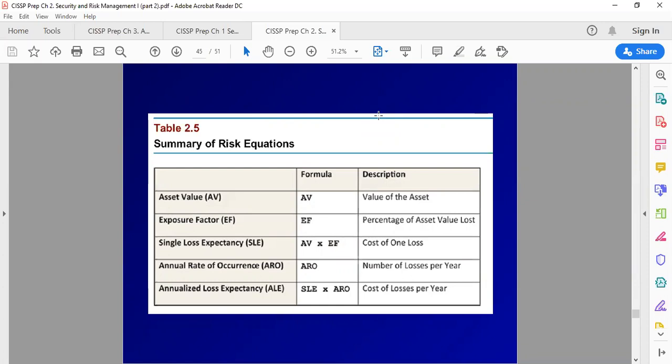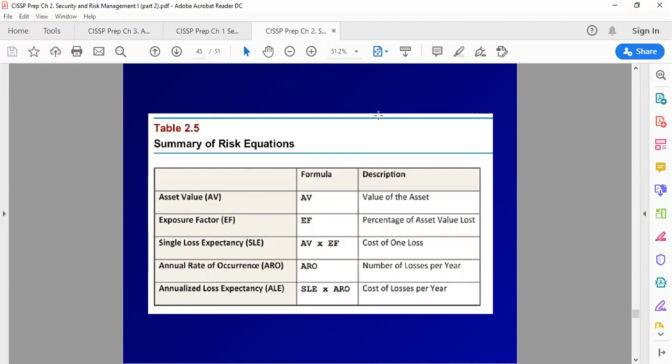So what you're going to do, first of all, you have to check the value of the assets. Suppose we need to procure some UPS. So first of all, we need to check what is the cost of the UPS. Then the percentage of asset value lost, and we need to check how much time the electricity will not be coming, 2 hours, 3 hours, and how much amount we lose on production.